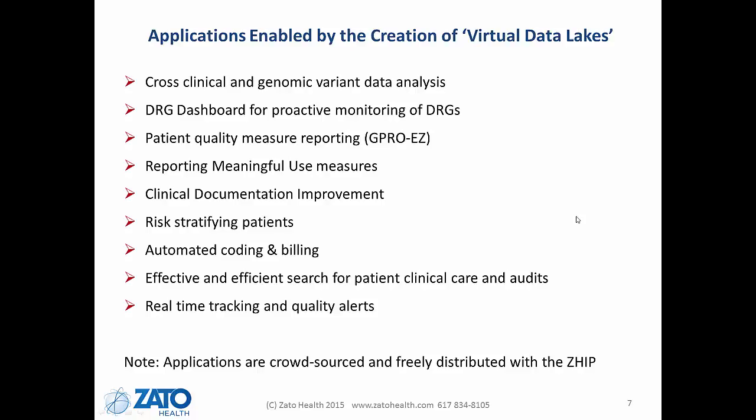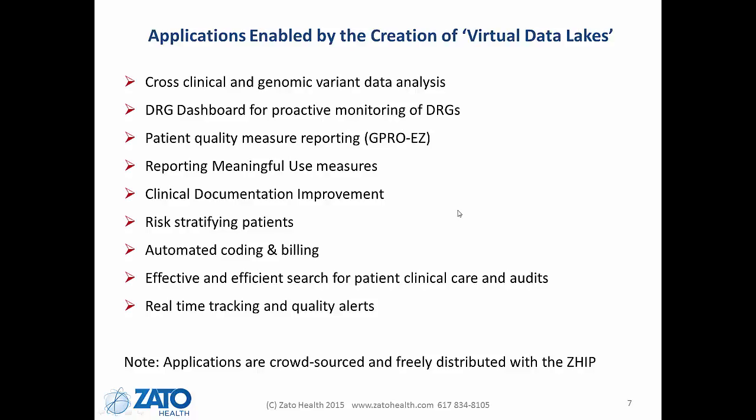These normalized indexes can be reused for a variety of reporting and alerting applications, such as the one that we just demonstrated for cross-clinical and genomic variant analysis, the DRG dashboard for proactive monitoring of diagnostic-related groups, patient quality measure reporting, reporting of meaningful use measures, clinical documentation improvement, risk stratifying patients, a variety of automated coding and billing, including ICD-10 and CPT, more effective and efficient search for patient records, automatically verifiable and linkable audits, and real-time tracking and quality alerts for more effective interventions.